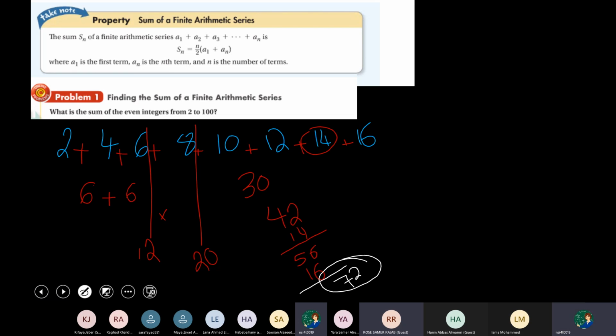So what is the summation for all of these numbers? It is 72. Okay, they are numbers, I can add them, I can find the answer.